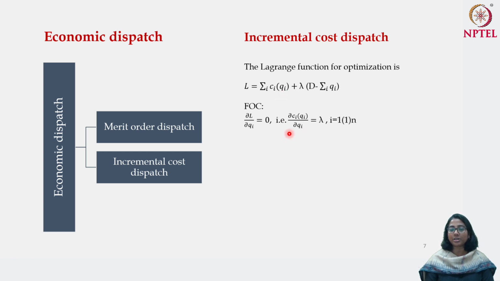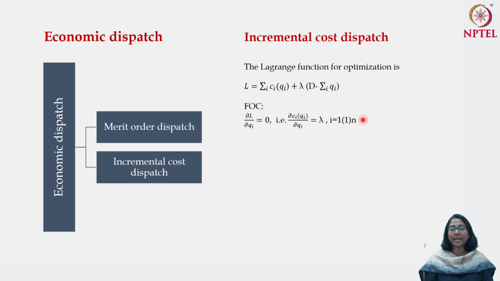So I have the first order condition, del L del Qi equal to 0, which means del Ci(Qi) del Qi is equal to lambda. Because I am getting del Ci del Qi minus lambda equal to 0, and therefore I am writing this expression del Ci(Qi) del Qi equal to lambda.